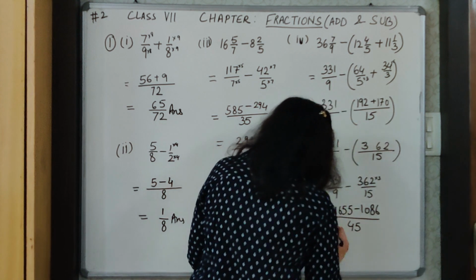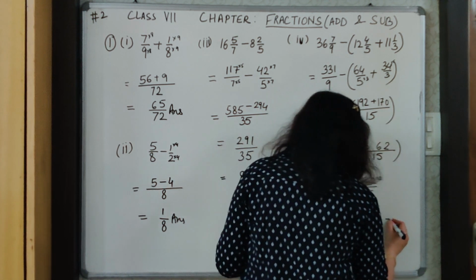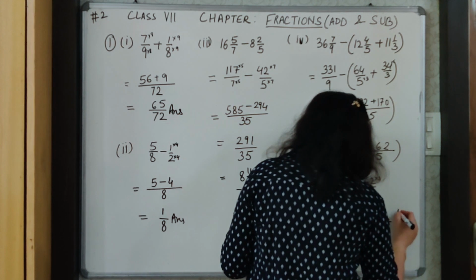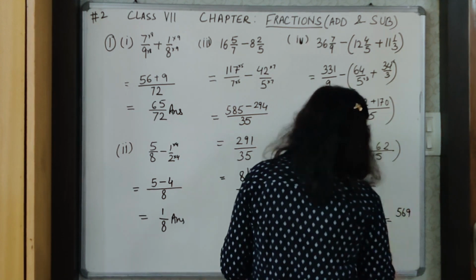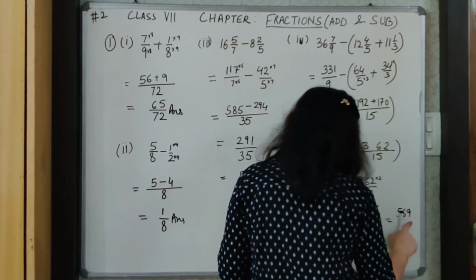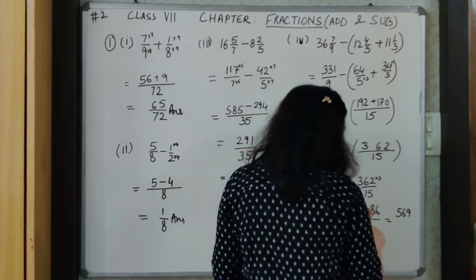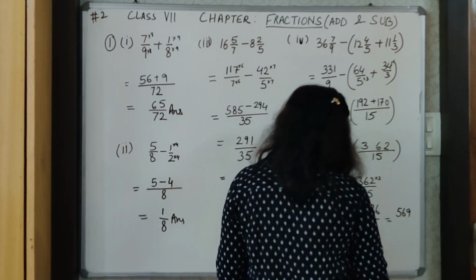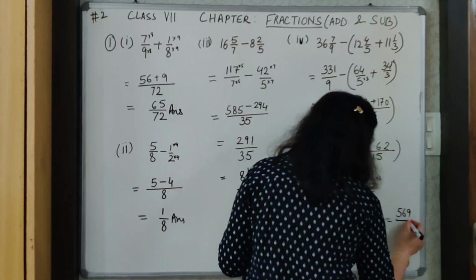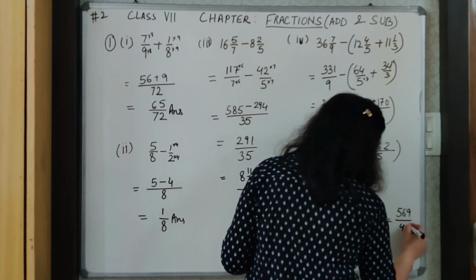On subtraction, we will get this as 569. 15 minus 6, 9. Then 14 minus 8, 6. And 5 minus 0, 5 upon 45.